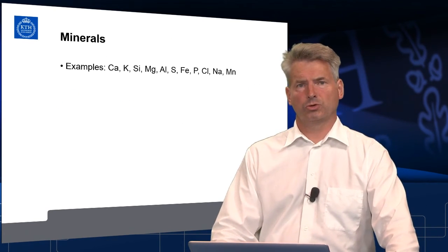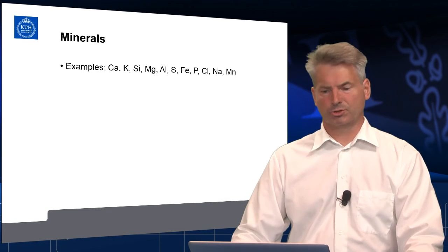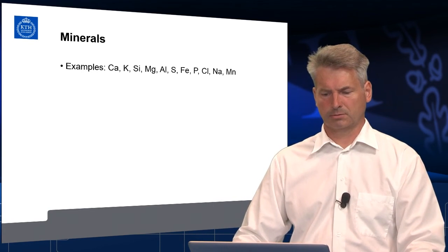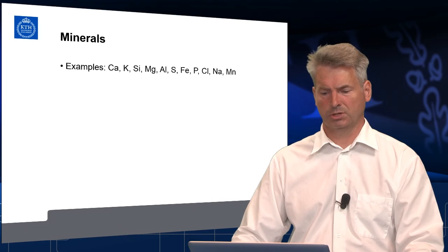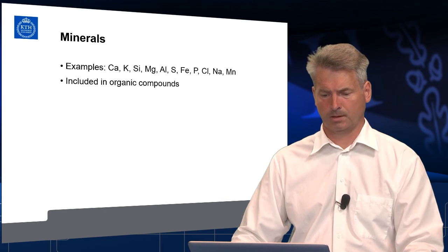We start by looking more deeply into the minerals. You have calcium, potassium, silicon, magnesium, aluminium, sulfur, iron, phosphorus, chlorine, manganese, and sodium. So there are several types of inorganic compounds within biomass.